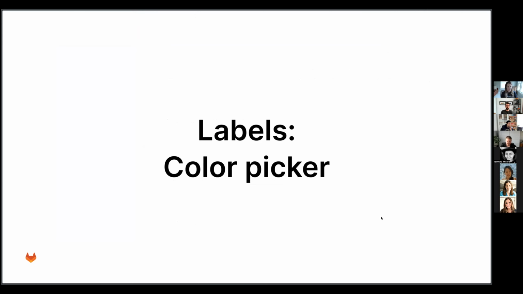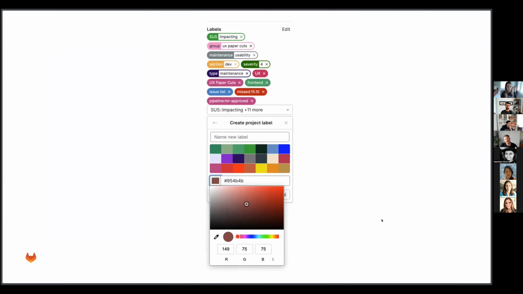One of the changes also related to issues and merge requests are labels. And the one thing I wanted to add since I joined GitLab was a color picker. So if you create a new label, you can either choose one of the predefined colors, or you can provide a hex value.